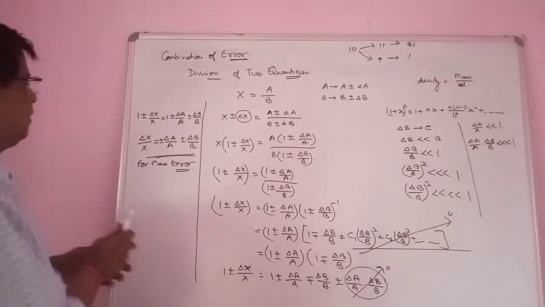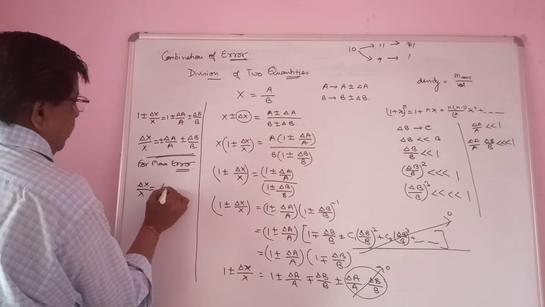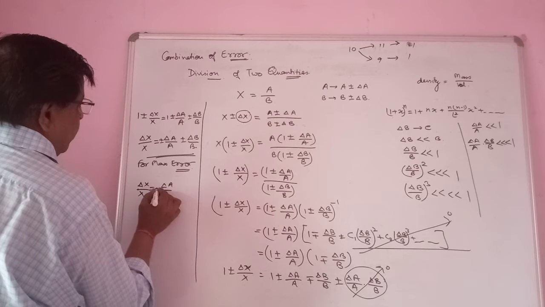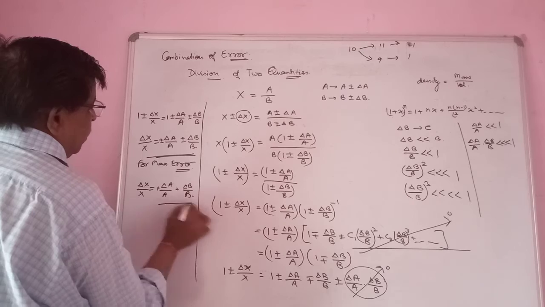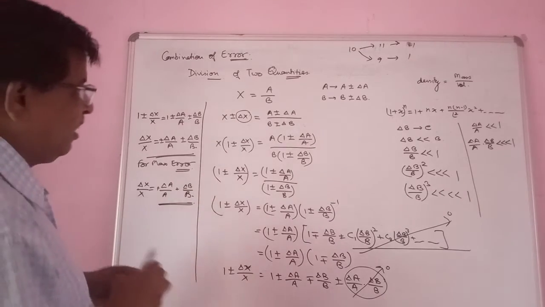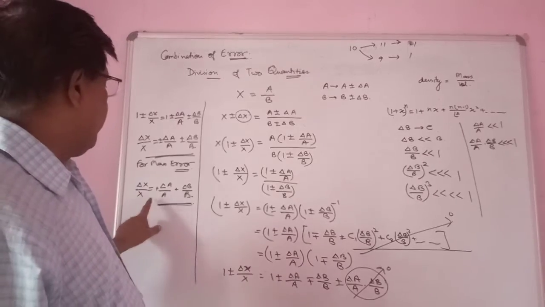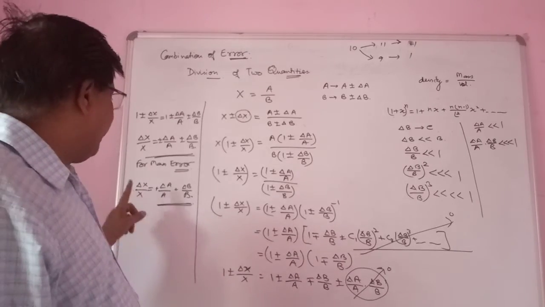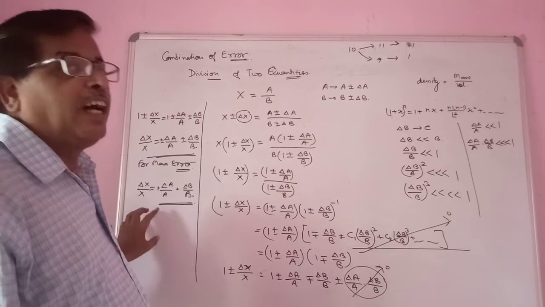So for maximum error, delta X upon X equal to delta A upon A plus delta B upon B. As in the case of product, relative errors are added, so in the case of division also, relative errors are added.